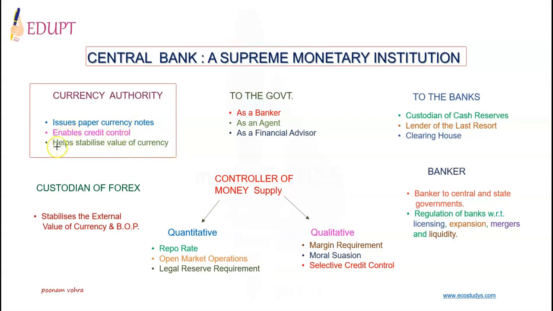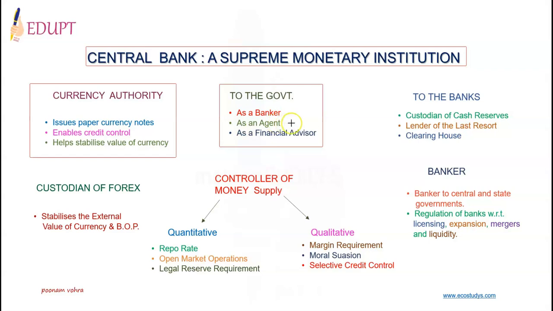It leads to uniformity in note circulation, enables credit control, ensures public faith, and helps in stabilizing the internal and external value of currency. RBI as a banker to government maintains current account, accepts receipts, makes payments, carries out exchange and remittances, and gives loans and advances for temporary periods.